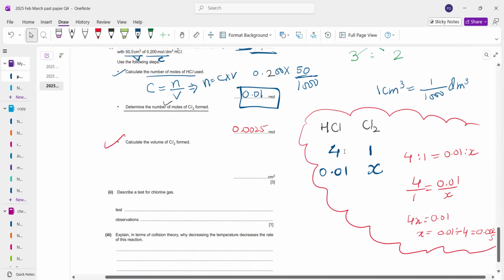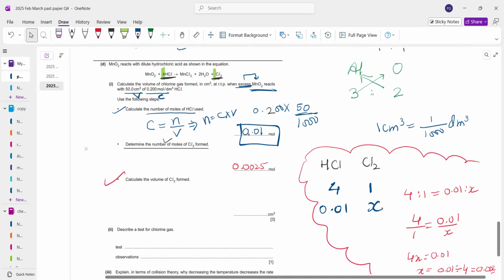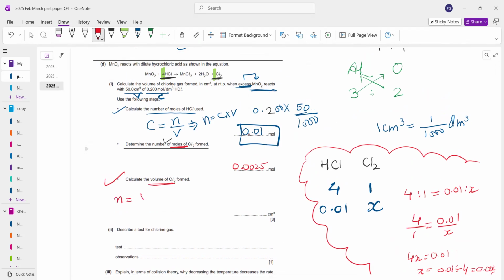Now they're asking to calculate the volume of Cl2 formed. In the previous part, they asked us the moles of Cl2. Now they're asking the volume. Dear children, we have a formula where we can convert number of moles to volume. And this is the formula. So we are supposed to find this V, and the number of moles we just calculated here. 0.0025 times 24 will give us volume and that will be in dm cube.